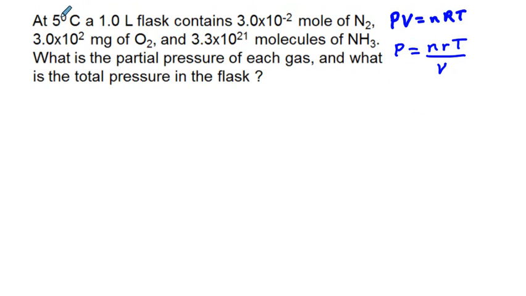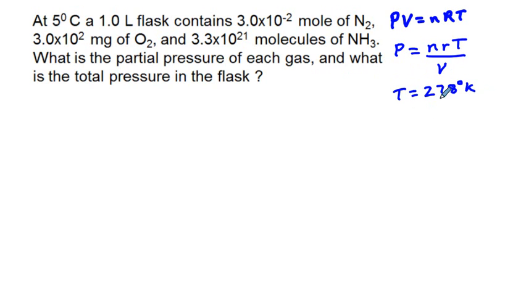And let's go find what some of these constants are. First of all, we're dealing with 5 degrees Celsius. Now we have to put this in terms relative to absolute zero, which is degrees Kelvin. So we add 273 to that 5 degrees and get, for our temperature, 278 degrees Kelvin.